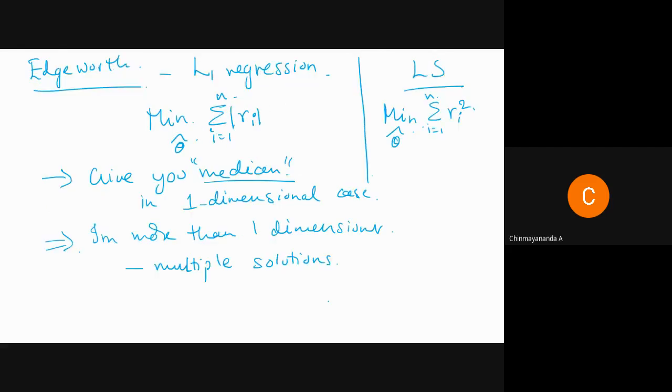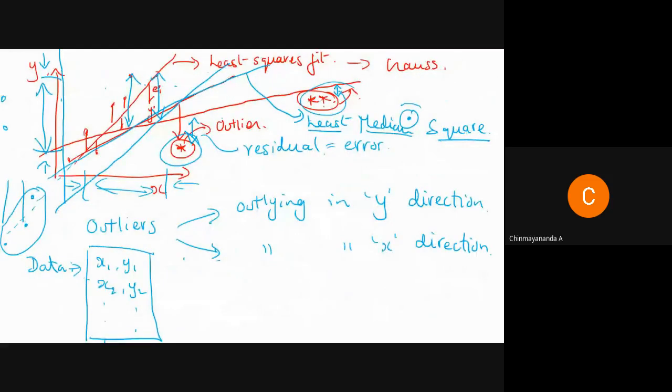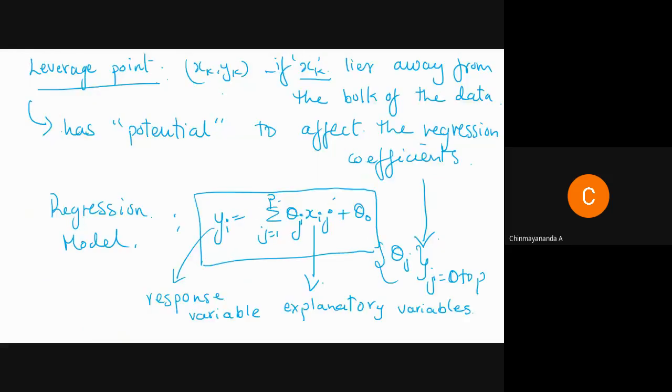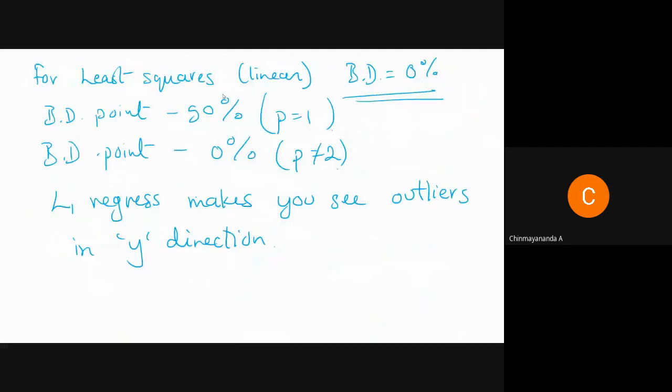Intuitively, if you are using least median squares, you can easily chalk out where the outliers lie, which I will make obvious maybe in the next meeting. So even though the breakdown point is 0% when you do linear regression, you can see outliers in the y direction, but not in the x direction. This is the downside of it.